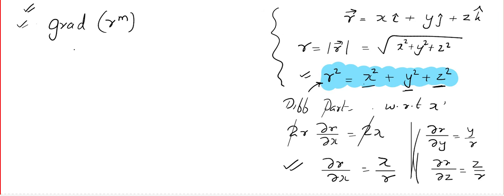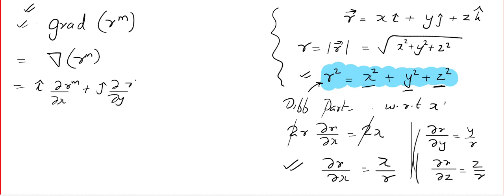Come on, tell me, what is the gradient of r power m? Of course, del r power m. And that will be i dou by dou x of r power m plus j dou by dou y of r power m plus k dou by dou z of r power m. Now remember, r is a dependent variable.